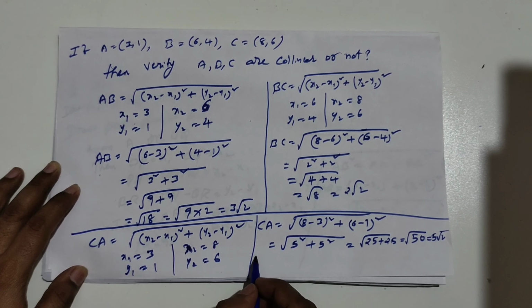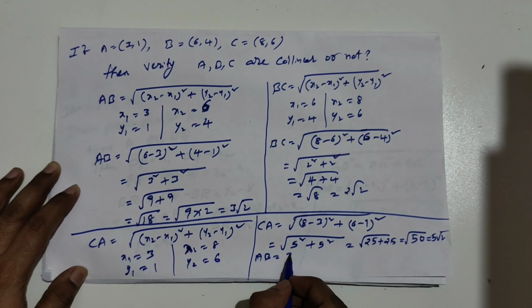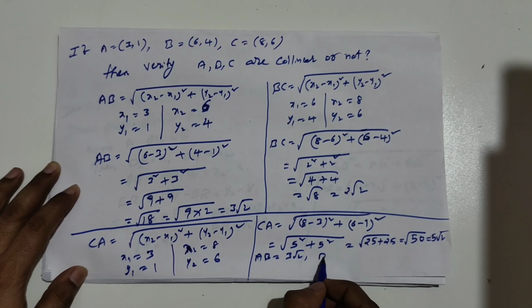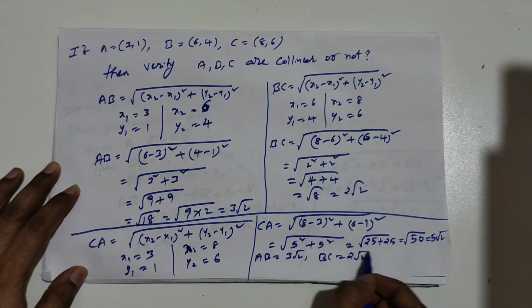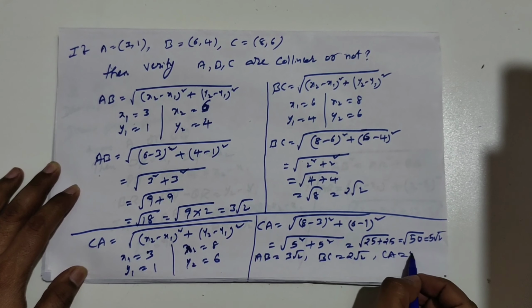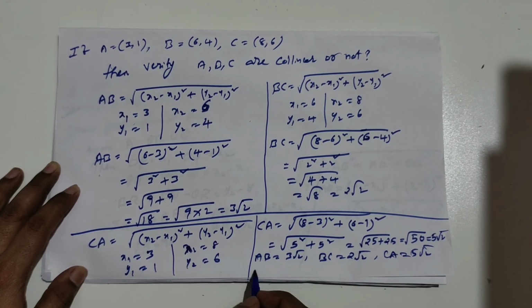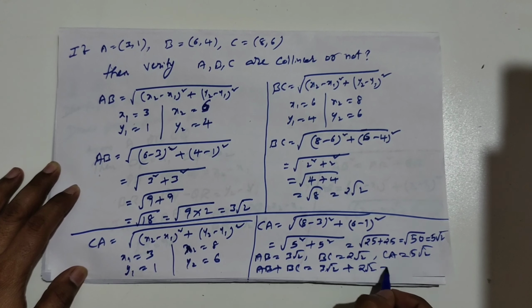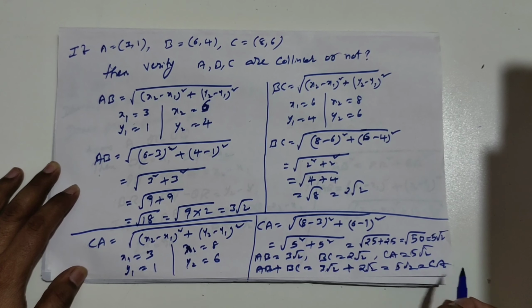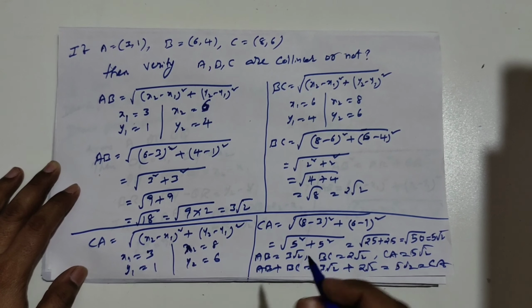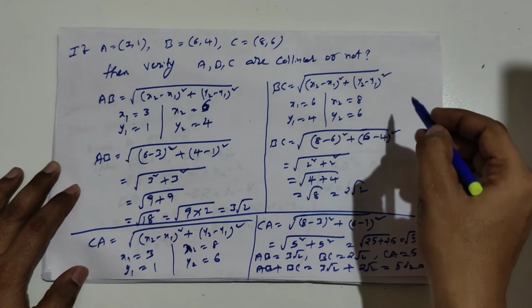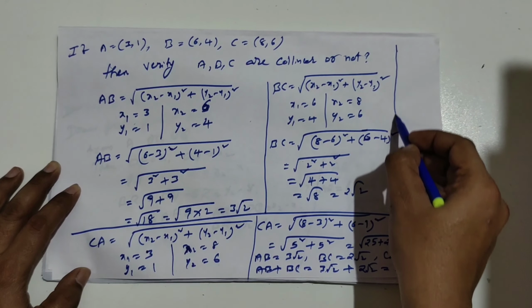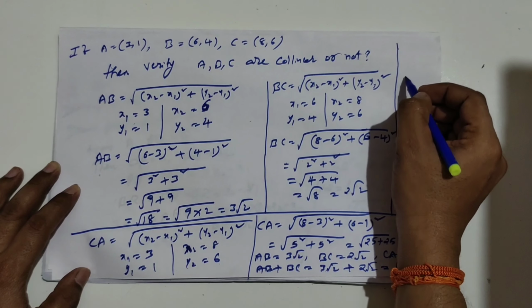Now observing all the distances, we have AB equal to 3 root 2, BC equal to 2 root 2 and CA equal to 5 root 2. That means by addition of AB plus BC, that is 3 root 2 plus 2 root 2, we get 5 root 2, which is equal to CA. Hence we can say A, B, C are collinear because they lie on the same line.